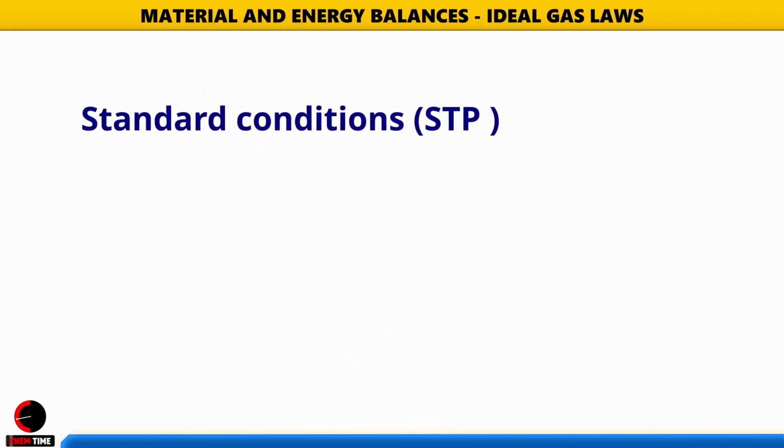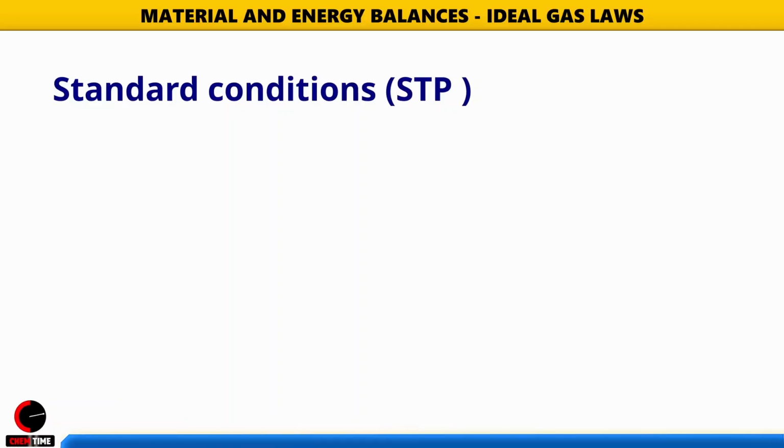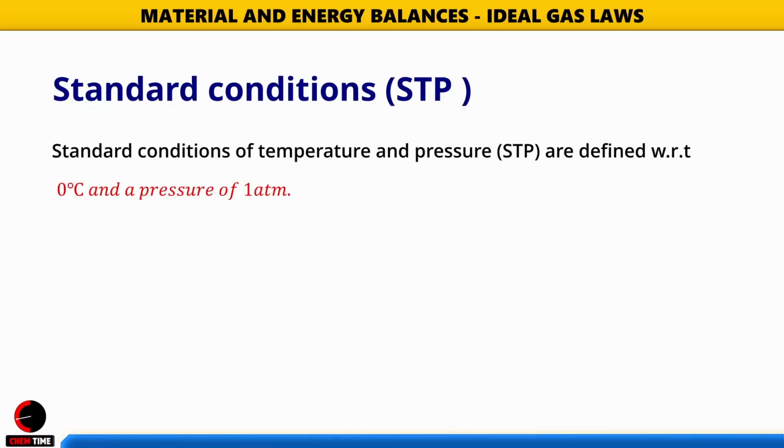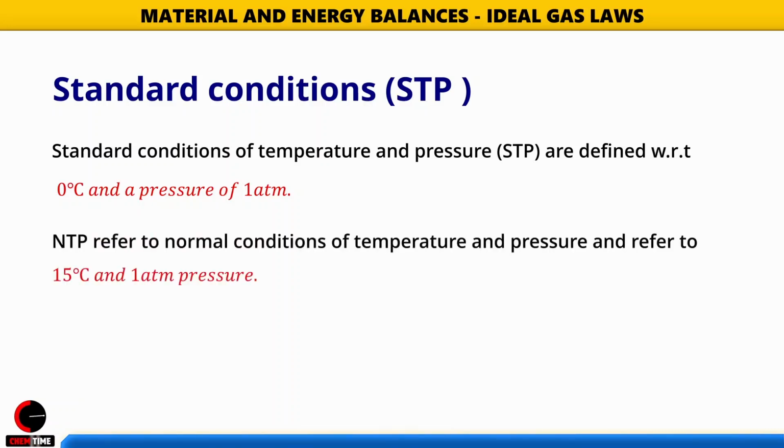Standard conditions of temperature and pressure are defined with respect to 0 degrees centigrade and a pressure of 1 atmosphere. These are useful for expressing the gas flow rate in terms of mass flow rate, and most of the industries adopt this nomenclature. NTP refers to normal conditions of temperature and pressure, and refers to 15 degrees centigrade and 1 atmosphere.